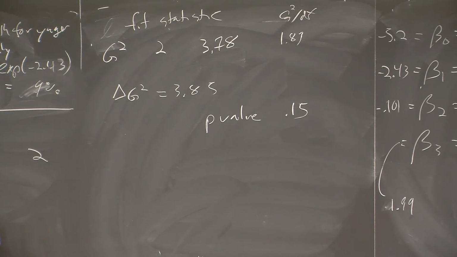I'm sorry, when we do the G squared divided by degrees of freedom, 1.89, what are we comparing that 1.89 to? Yeah, so you should get the p-values. Look at the p-value. Look at the significance.